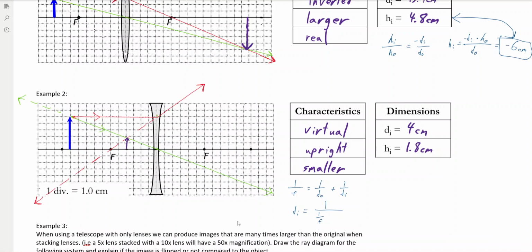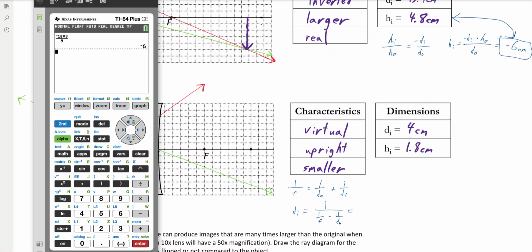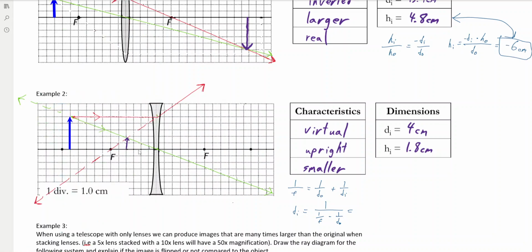But 1 over F minus 1 over dO. But the trick with this one is you have to remember, because it's a diverging lens, the focal length is negative. Actually, we should write that down. Focal length is negative 6 centimeters.